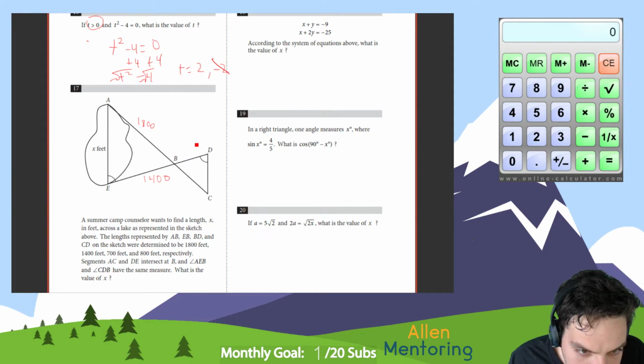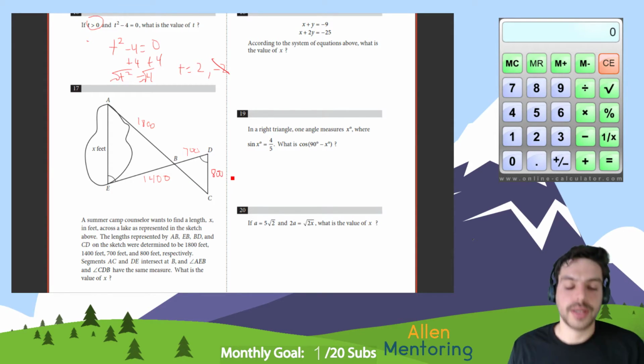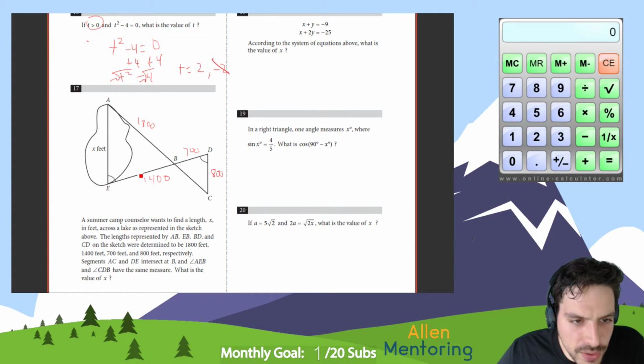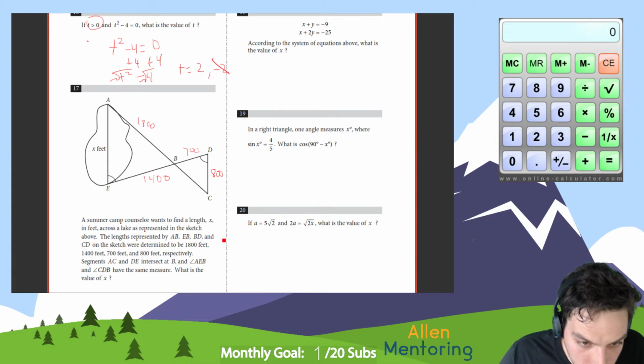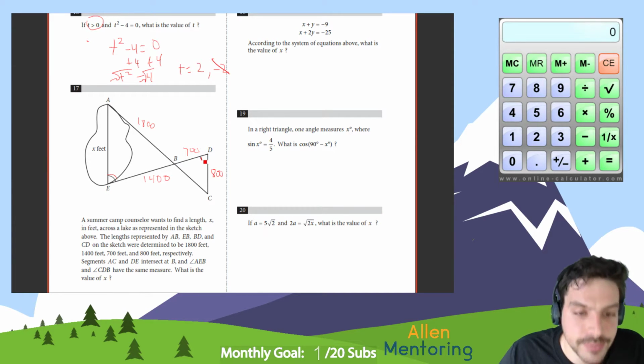BD is 700, and CD is 800. We're trying to find out what AE is equal to. They also tell us that angle AEB has the same measure as that one.